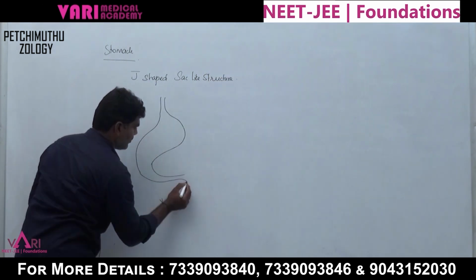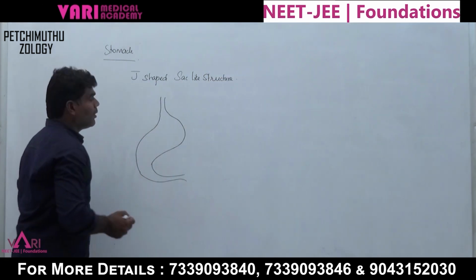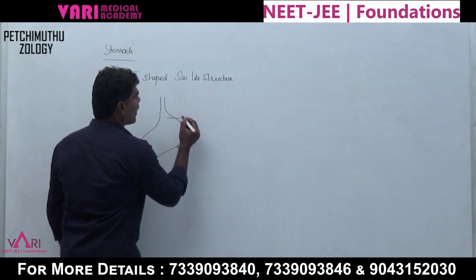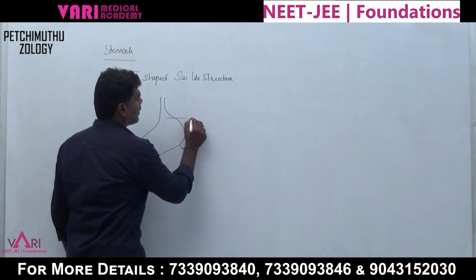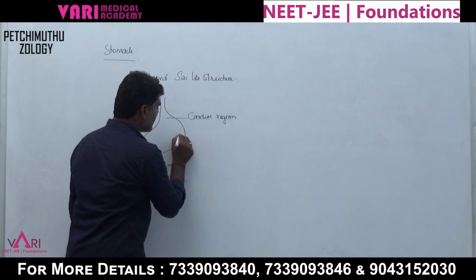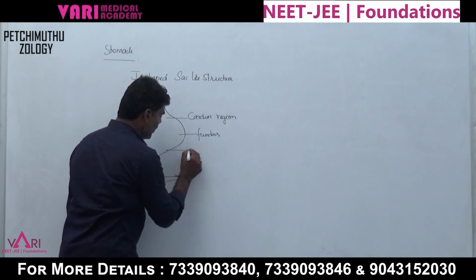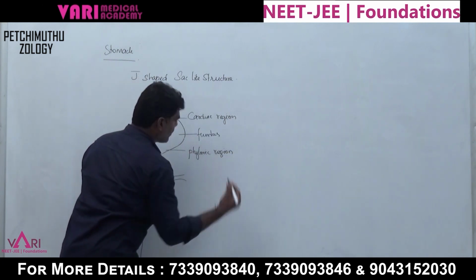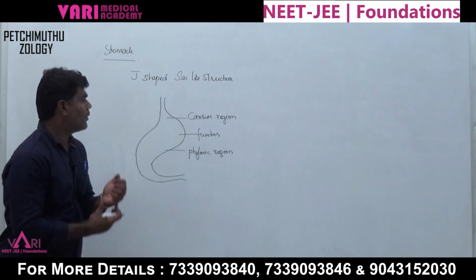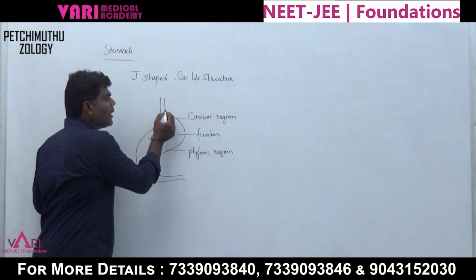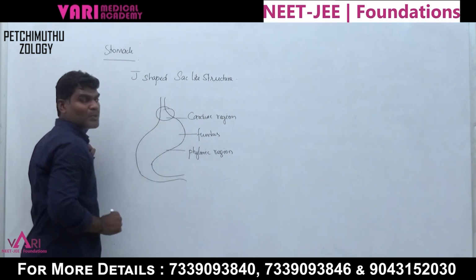It has a cardiac region, then the fundus, then here the pyloric region. There is a sphincter. Sphincter means a muscular constriction.